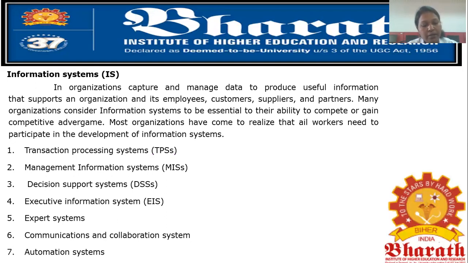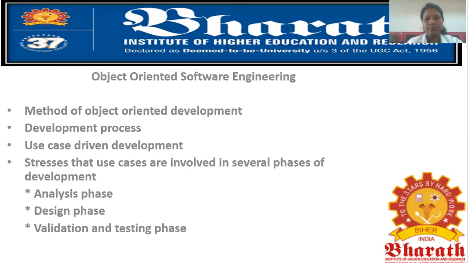To deal with the customers directly, there are communication and collaboration systems. And to get the information or the request from the customer side at any time, online or offline, maintain an automation system. So these seven systems are very important under information systems. That is mandatory in each and every office or company.